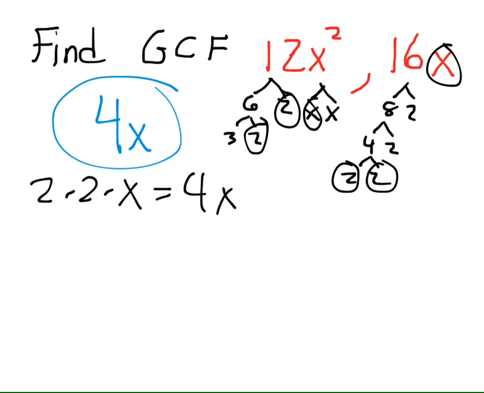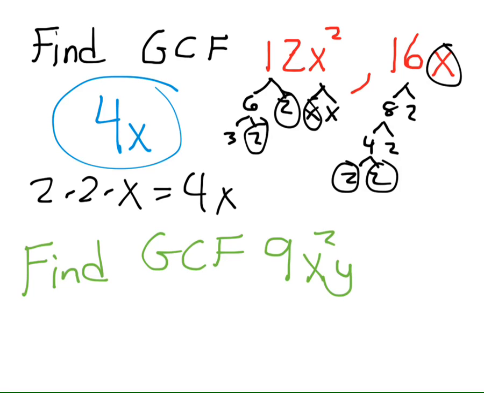Okay. So let's try this. Find the GCF of 9x squared y to the third and 27xy squared.